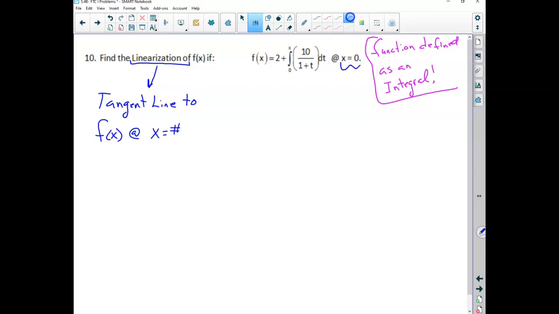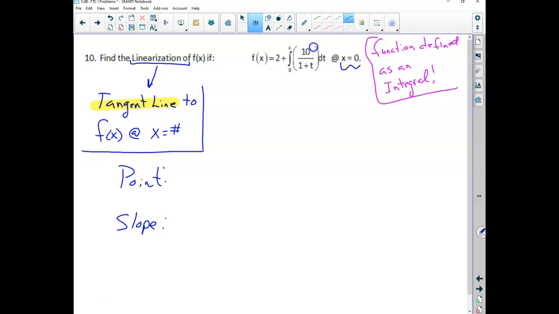So, back to fundamentals. Tangent line. How do I find a tangent line? What do I need to write the equation of a line? I need a point and I need slope. So how am I going to find a point?